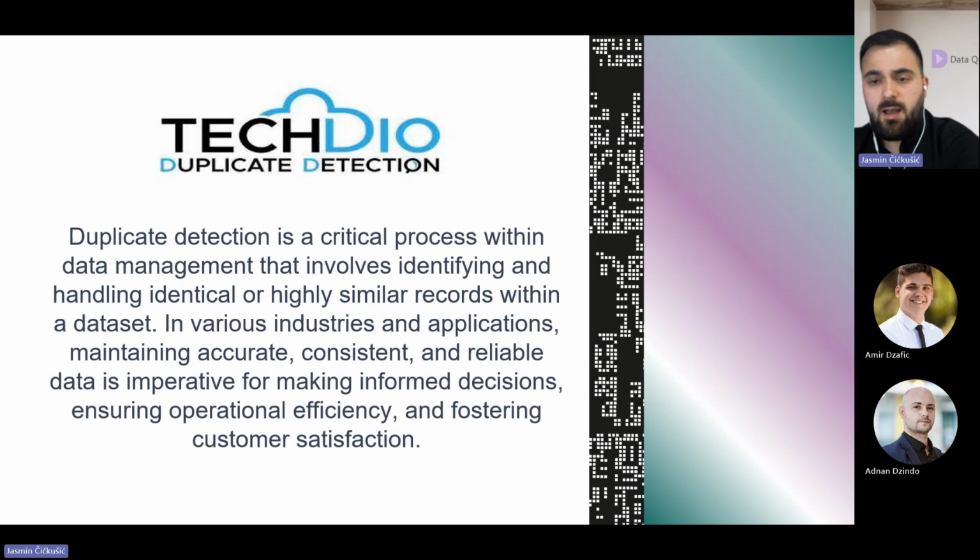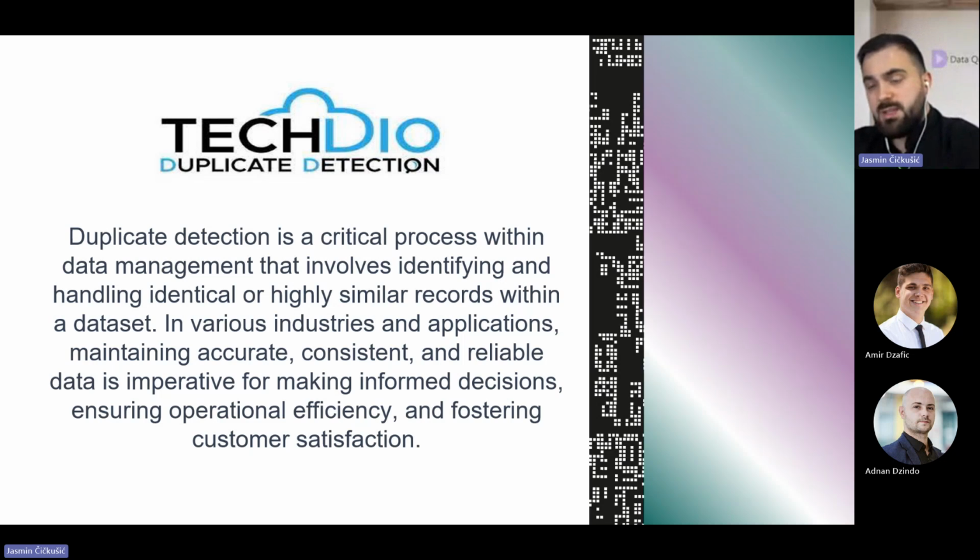But sometimes data contains duplicates, which can come from data entry errors, system migrations, or inconsistencies across different sources, for example. The process of duplicate detection involves the identification and then elimination or merging of duplicates to ensure data integrity.